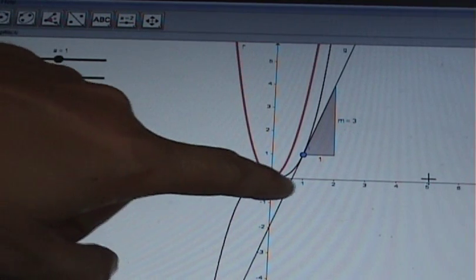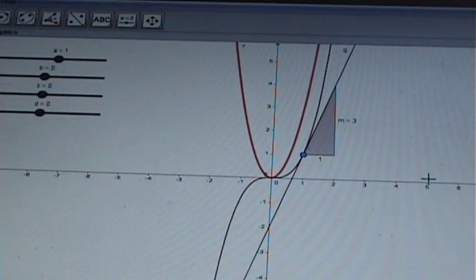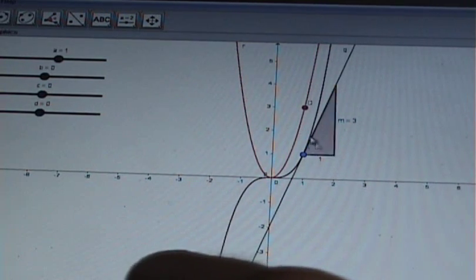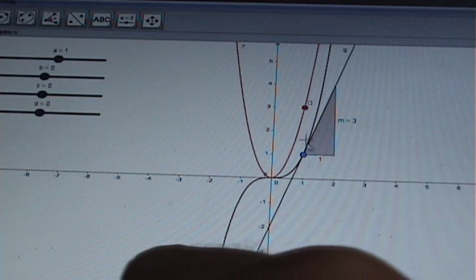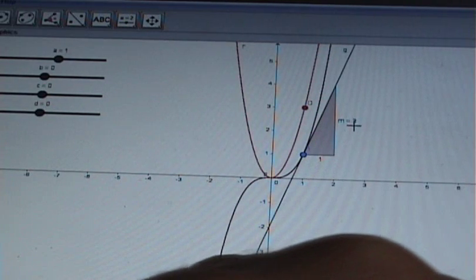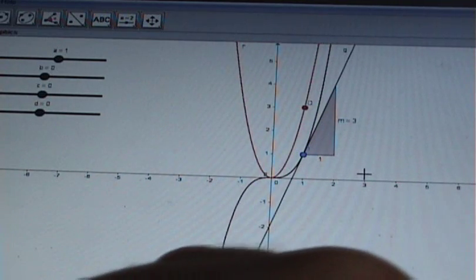And of course you can tell when x is equal to 1, y is equal to 3, it's 3x squared. Now if we graph our point D, point D is going to lie along that line, because it's the x value of A and the slope, which is 3.